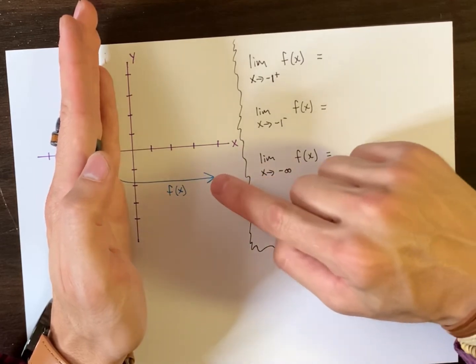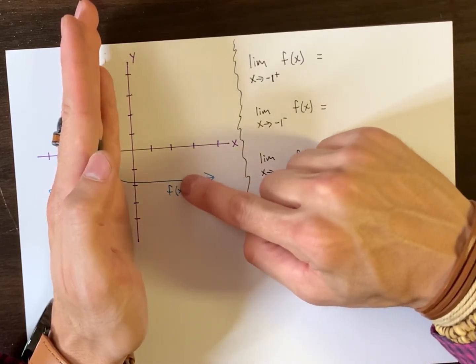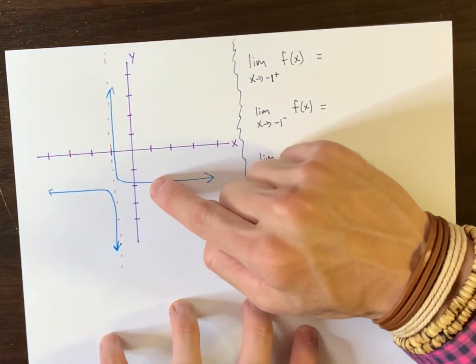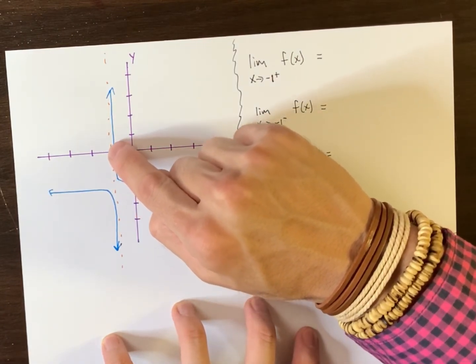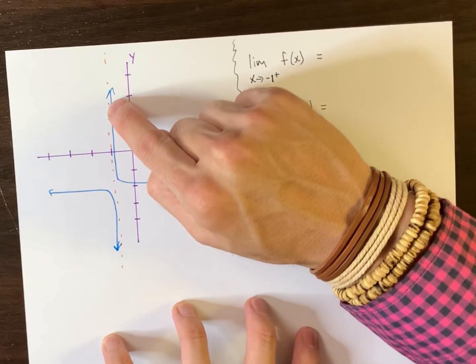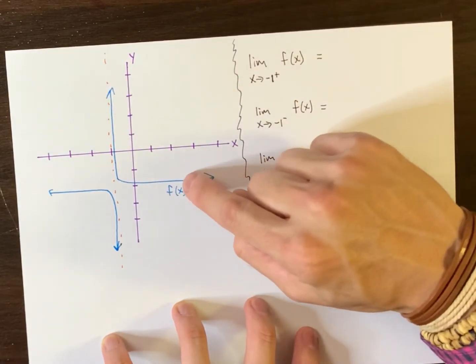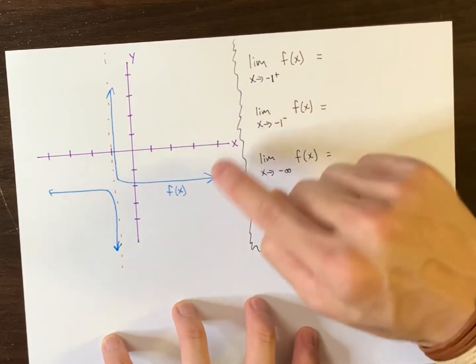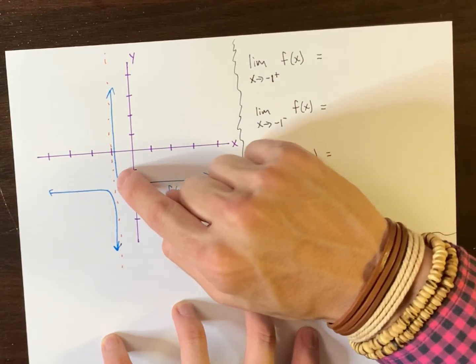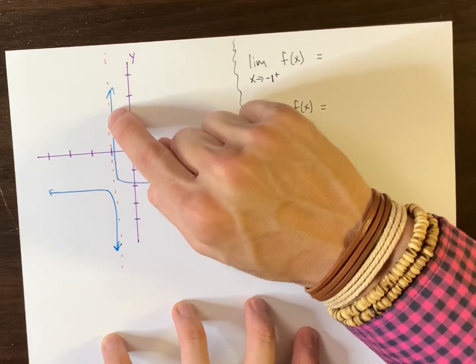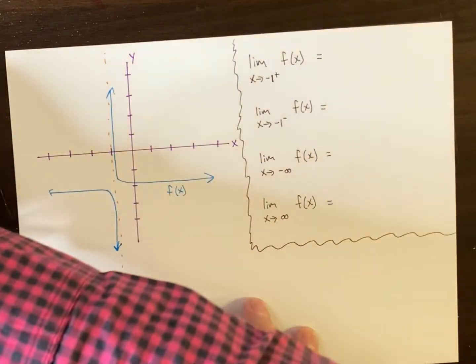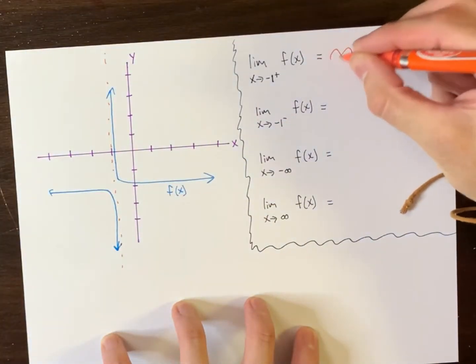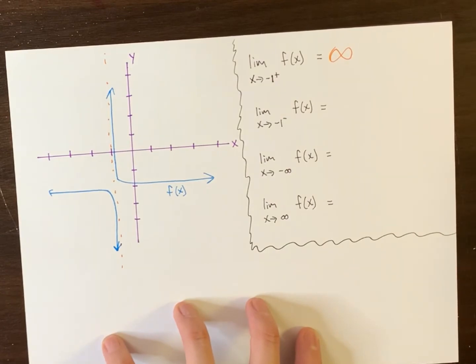So here's me jumping on the ride, approaching with my hand. And as I do so, what is happening to the y coordinates of all of these points? As I go this way, -1 from the right, my y coordinates are getting bigger and bigger and bigger. They are approaching positive infinity. That's why this is positive infinity.